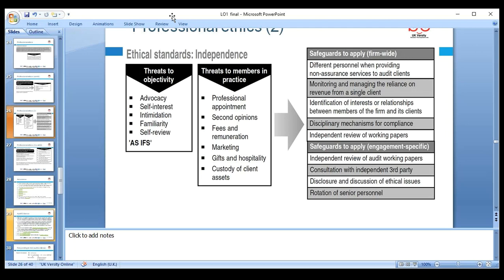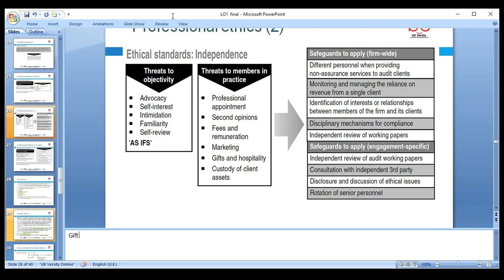Where the same audit adviser can't really go in every year, it becomes a close relationship. And then gifts. Can we take gifts?